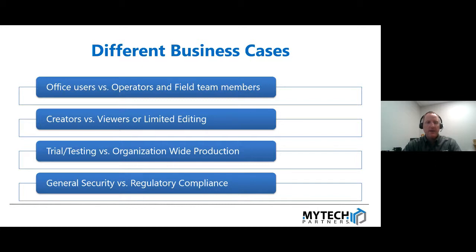Then finally, the other business case that is a key variable that oftentimes applies to organizations choosing different license types is security. We all have to have a general mindset around security whenever you're talking about technology, versus those that have much more specific and granular regulatory compliance.